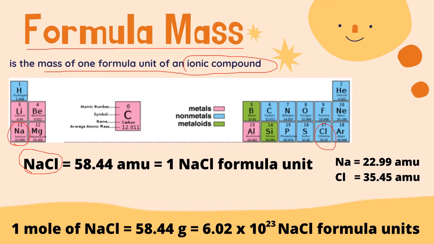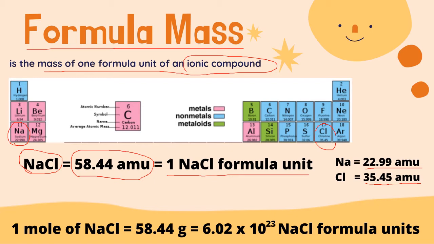And Na has an atomic mass of 22.99 atomic mass unit. Chlorine has 35.45 atomic mass unit. And we have to add together the atomic masses of the two component elements, and we get 58.44 atomic mass unit. This is the mass of only one NaCl formula unit.